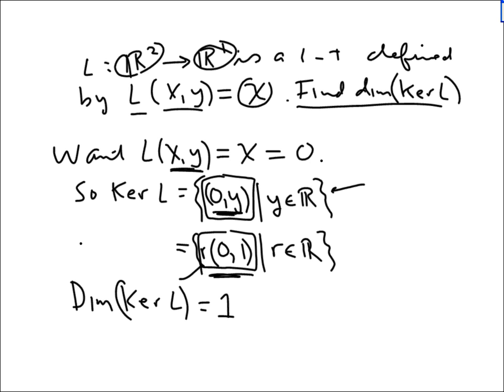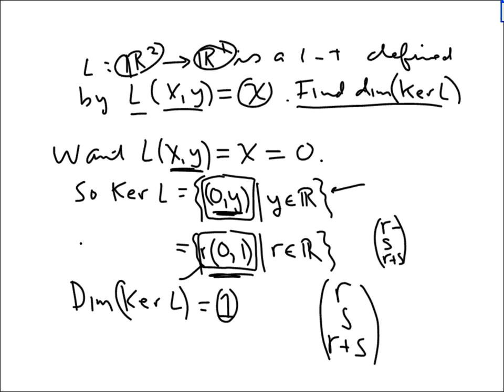Now, if the vector space were things like this, say (r, s, r plus s), if the kernel were in the form of things that look like this, what's the least number of values I need to give you?